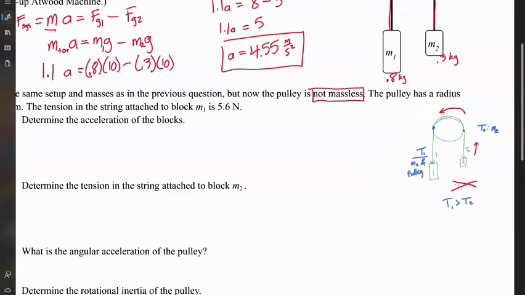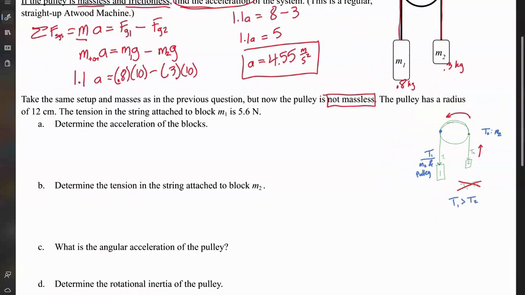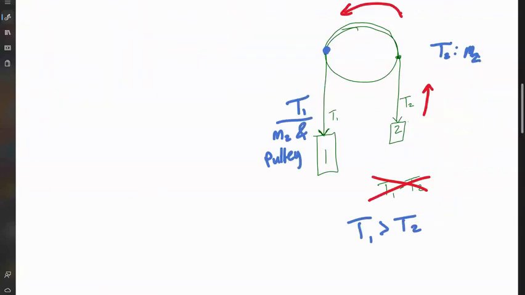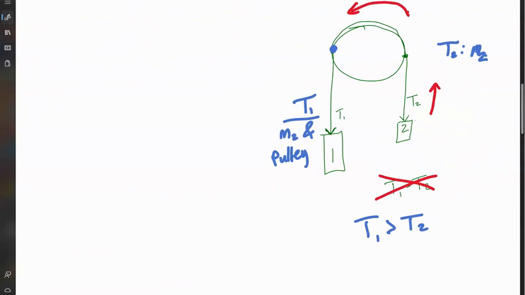Okay, so this question is asking us to determine the acceleration of the blocks. Because we can't look at the system too well on its own, we're going to have to look at block 1 on its own, the pulley on its own, and then block 2 on its own.